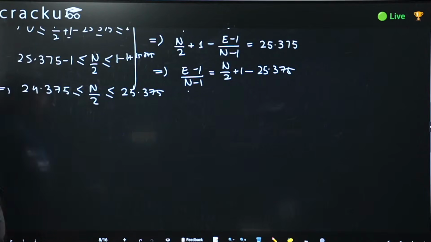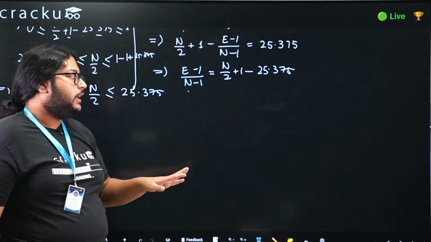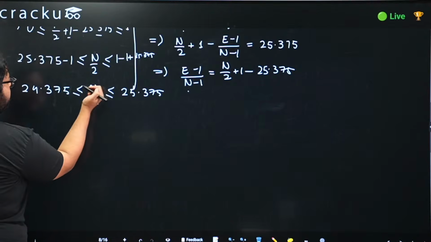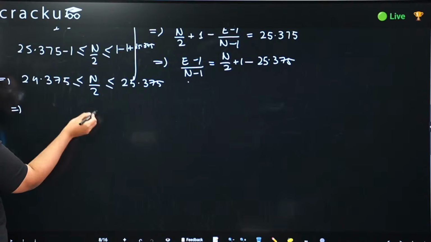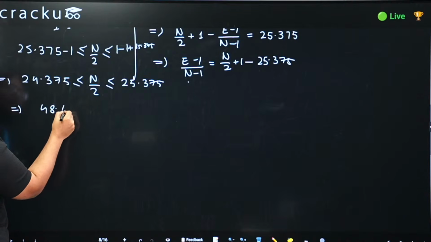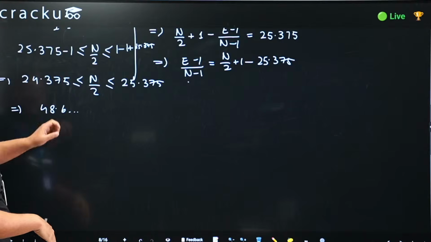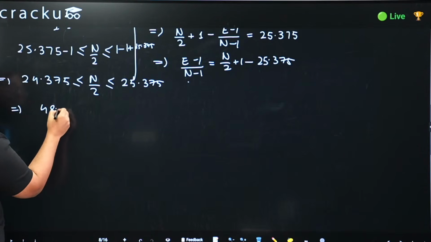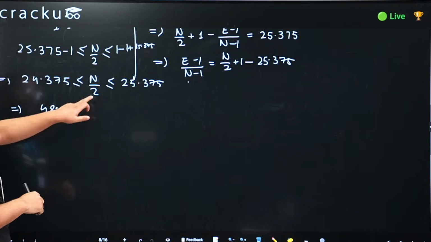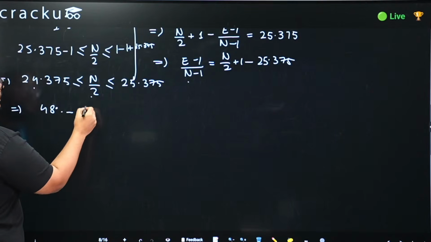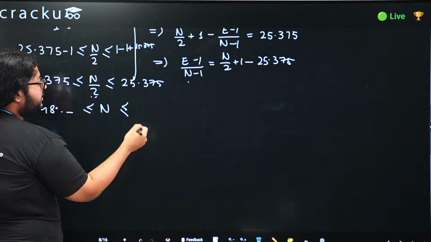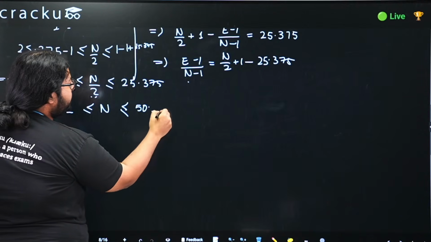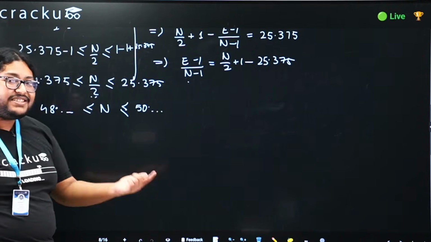Now n is what? n is a natural number. So when I multiply all the inequality by 2, 24 times 2 is 48 point something, that we'll get when I multiply this, and this should be less than or equal to n, and 25 times 2 is 50 point something. n is a natural number.